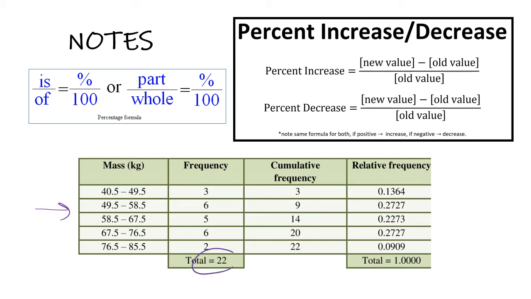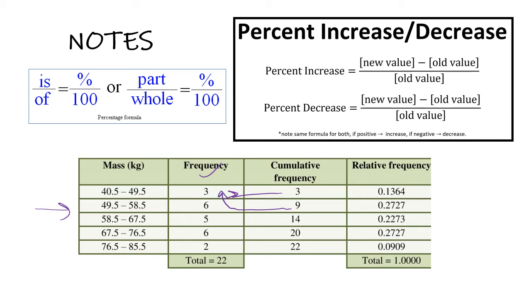So we have 22 total people, and there are 3 people that weigh in this range, and there are 6 people that weigh in this range, and you'll notice that it adds up to 22 because that's the total. Okay, that's what frequency means. It's just what do we have in each category. The cumulative frequency is a little bit different because we say, what do we have in the category, or what do we have in the category before it?